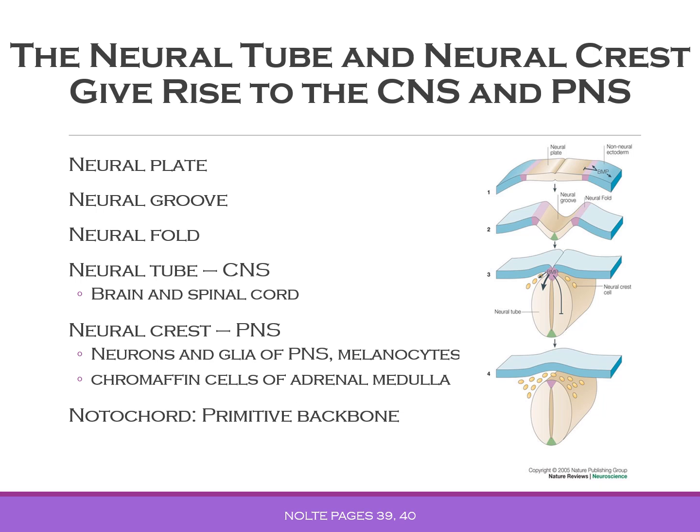The neural tube and neural crest give rise to the central nervous system and peripheral nervous system. You can see how it's formed on the right there. The neural plate, neural groove, neural fold, and neural tube are all central nervous system. The neural crest is peripheral.